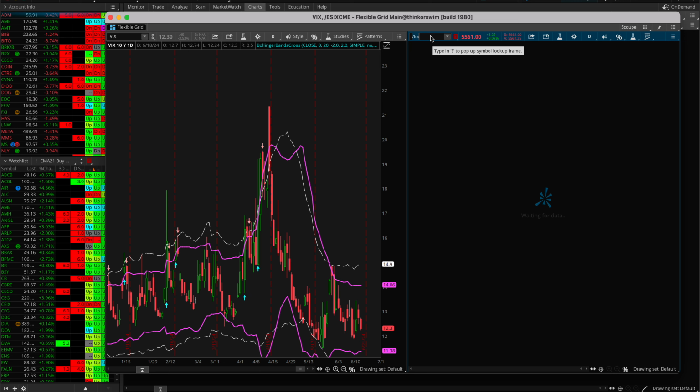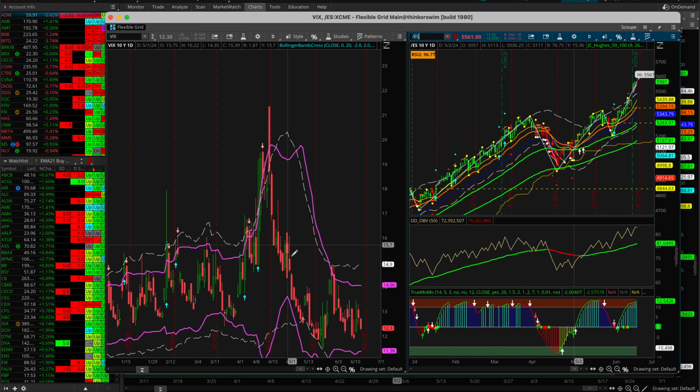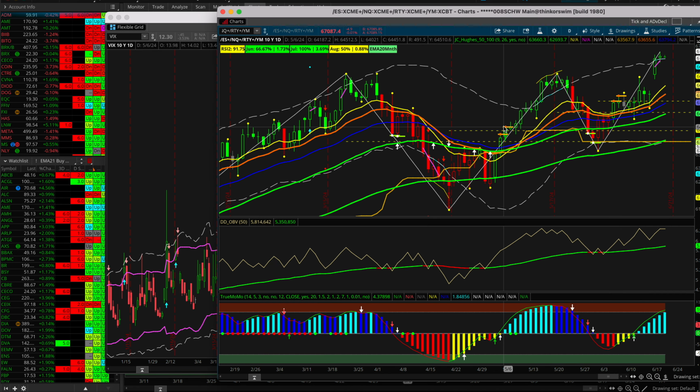Put this back to the yes. The VIX is in this low zone, very sideways, and you put all the markets together and we can see their trends as well. And I'm taking note here that 66% of the time in June, the markets in general go up by 1.73% on average in the last 10 years.